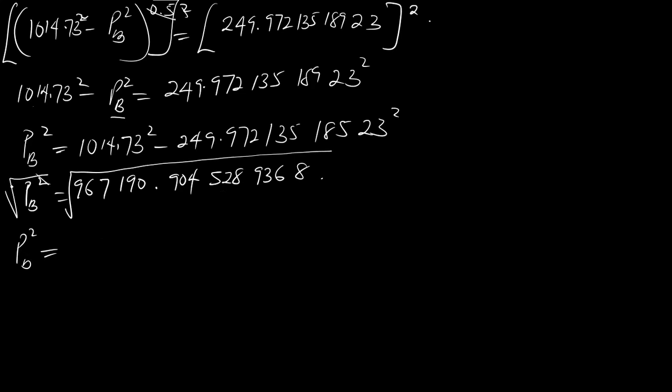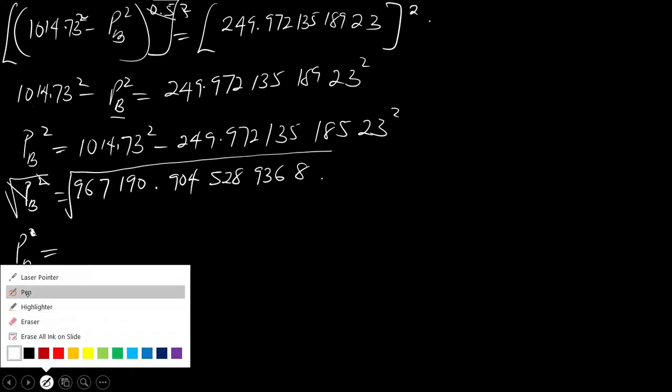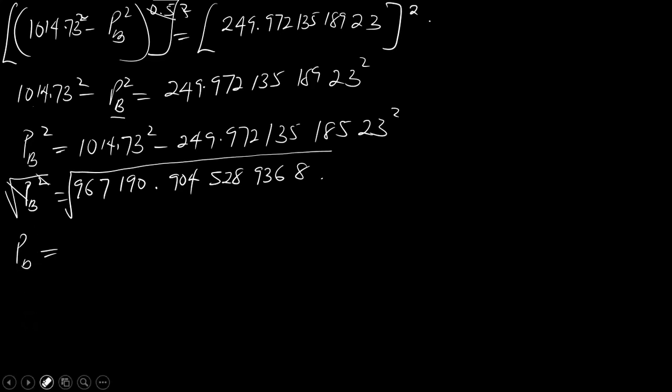PB square, this one will cancel out this, so you have to remove this.